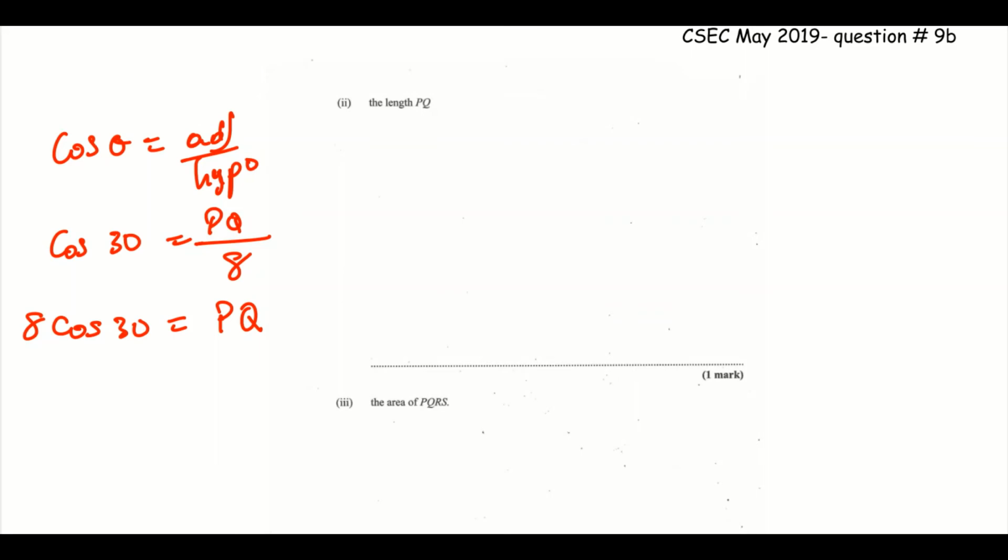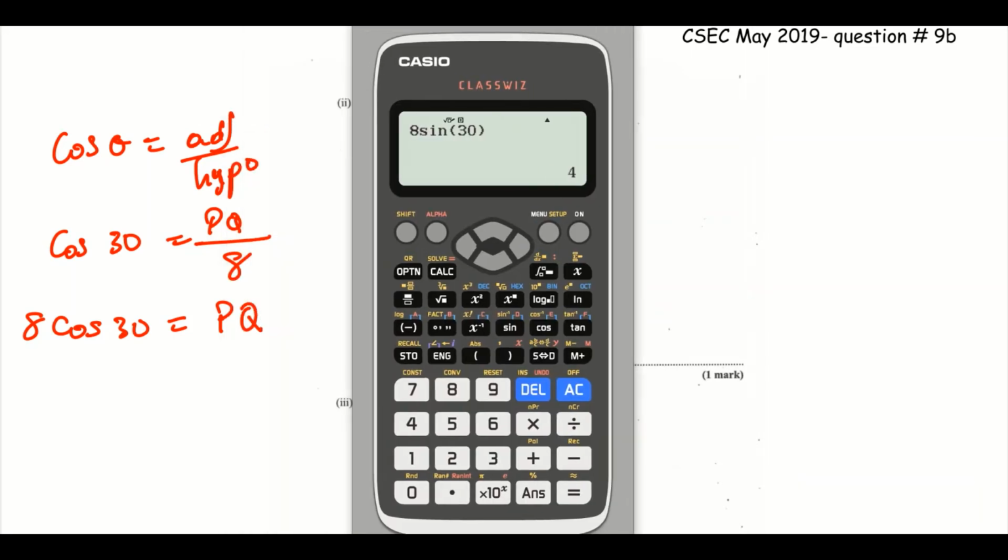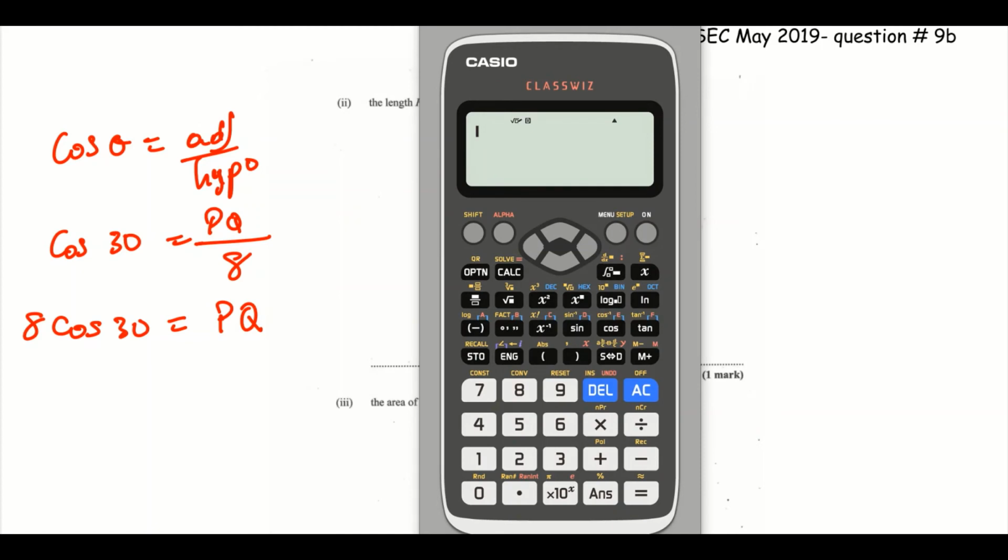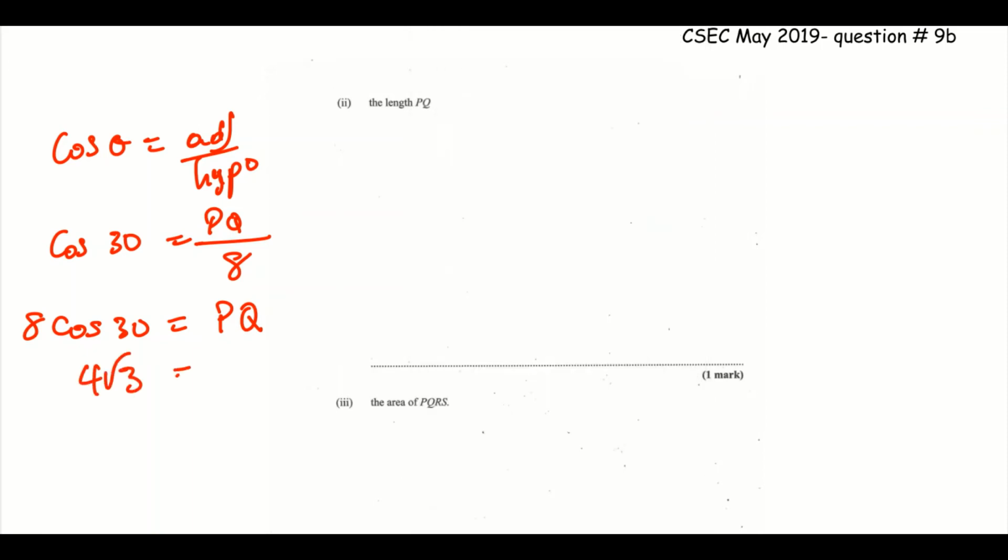So on our calculators, 8 cos 30 is equal to 4 root 3. So 4 root 3 is equal to PQ.